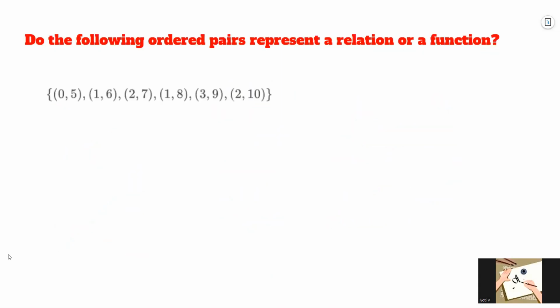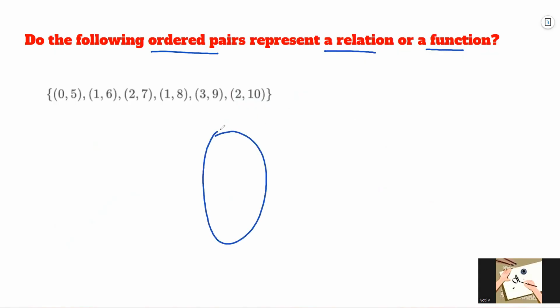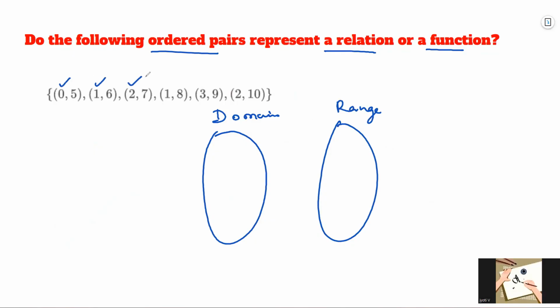Let's consider this example. Do the following ordered pairs represent a relation or a function? For that, let's have the domain set and the range set. The first numbers in the ordered pairs are elements of the domain set. So that's 0, 1, 2, 3.